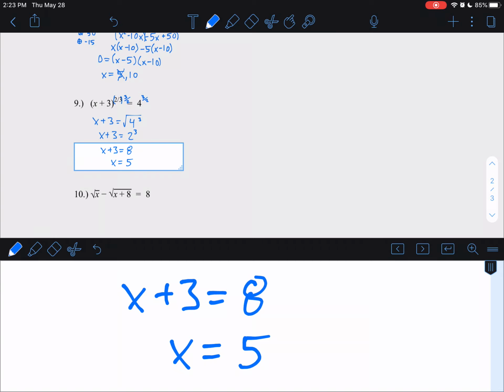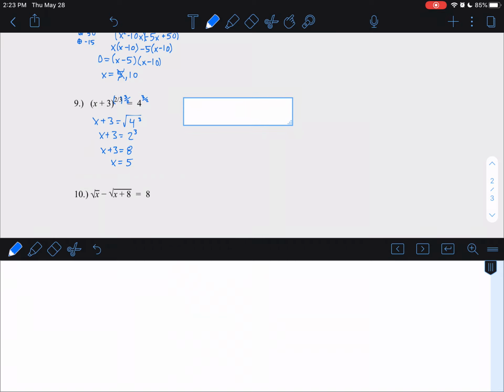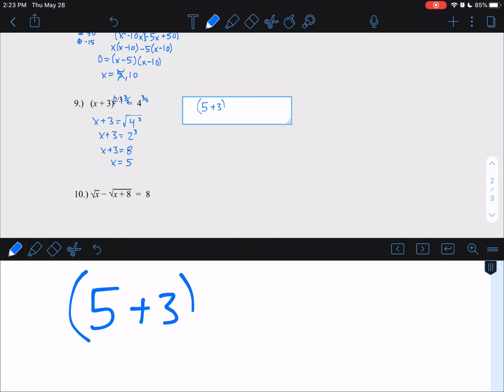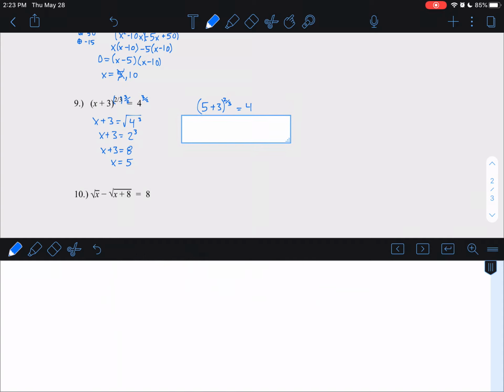And I still have to plug this back in. So let's see. (5 plus 3) to the 2/3 power should equal 4. And 5 plus 3 is 8. So 8 to the 2/3 power should equal 4.